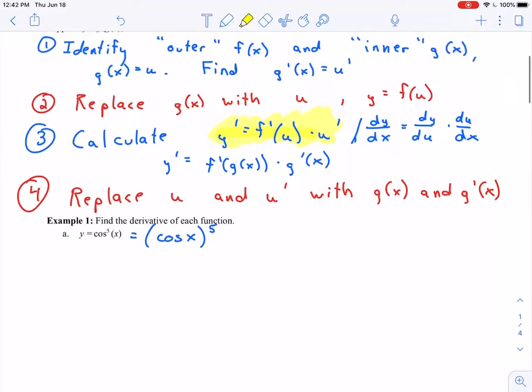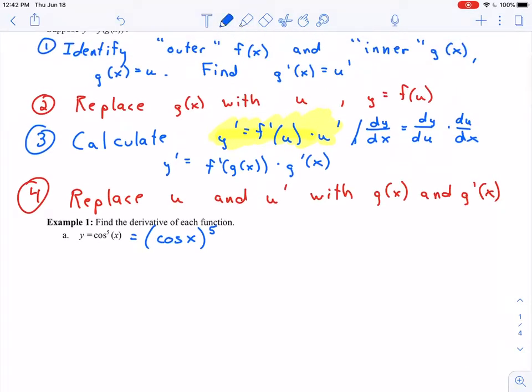So our first step, we said we want to identify your outer function and your inner function. And really, to me, I think it's that inner function g of x that's really, really important. That's the one that I care the most about. And I think once you find that inner function, the outer function is pretty straightforward.